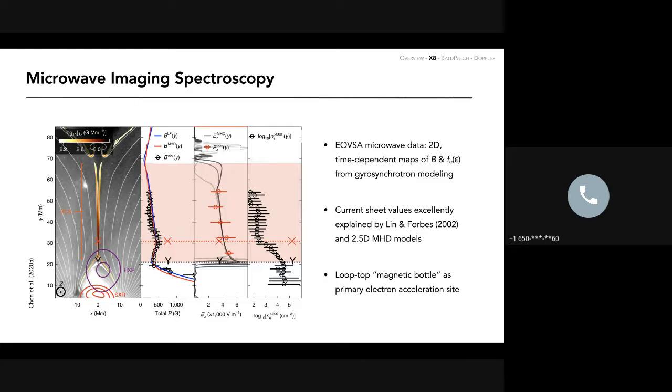With imaging spectroscopy in a time evolving fashion, for each location you get a spectrum of your microwave. Assuming this emission is coming from gyrosynchrotron radiation, you can fit the spectra and infer the local magnetic field.